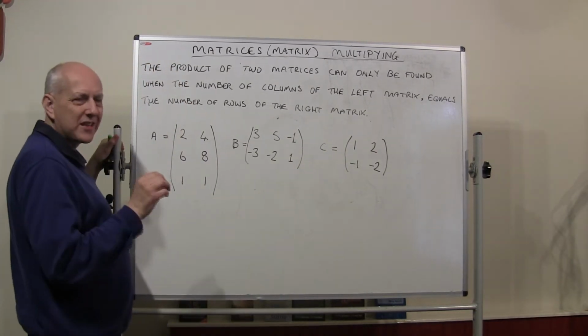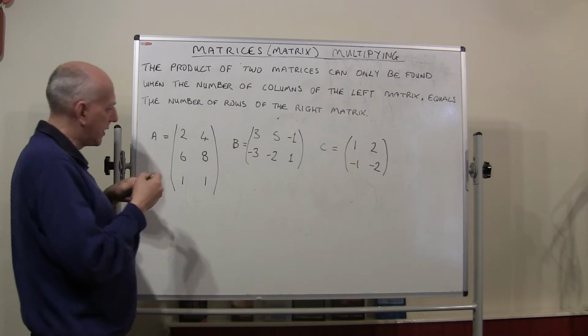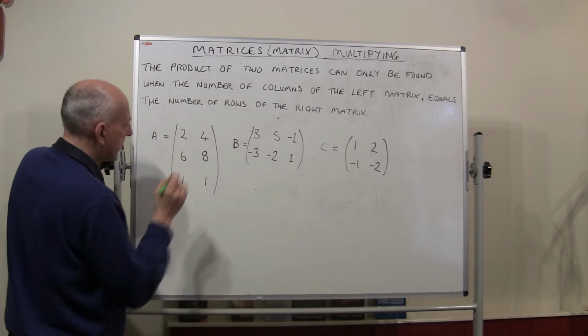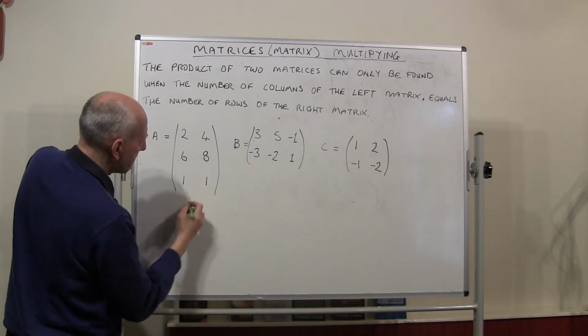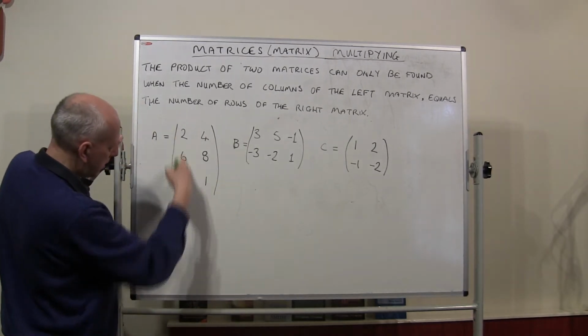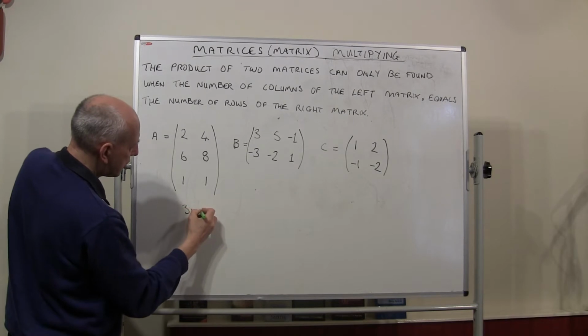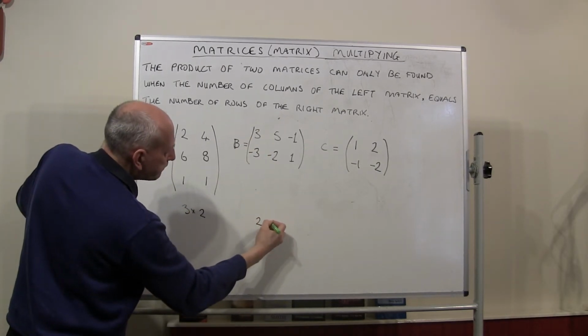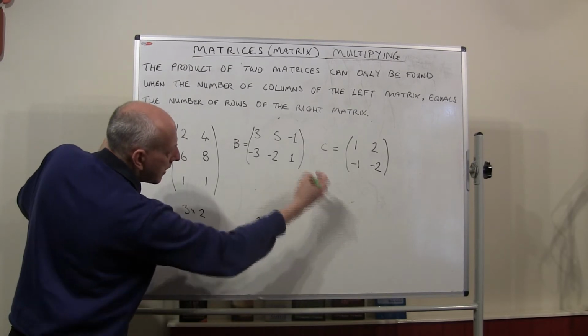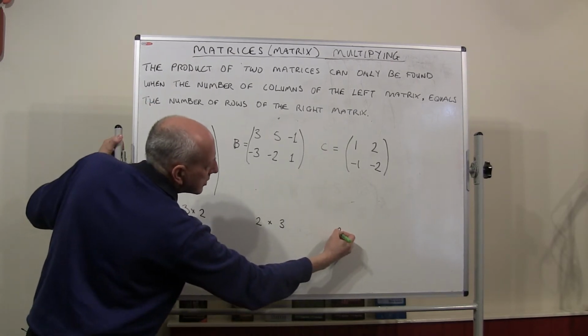Now there's a way of writing that I find really helps, which is to write down the size. So let's have a look at A and B, A times B. A is a 3 times 2. This one is a 2 times 3. And this one is a 2 times 2.